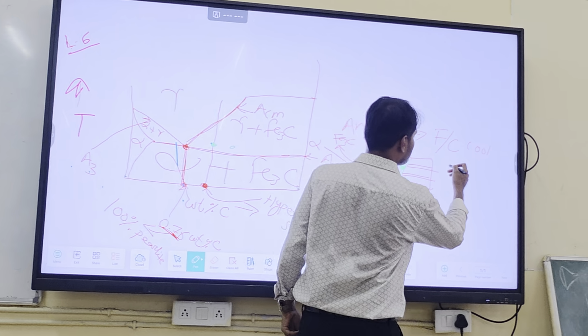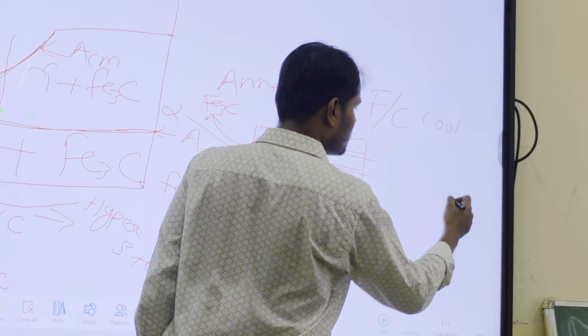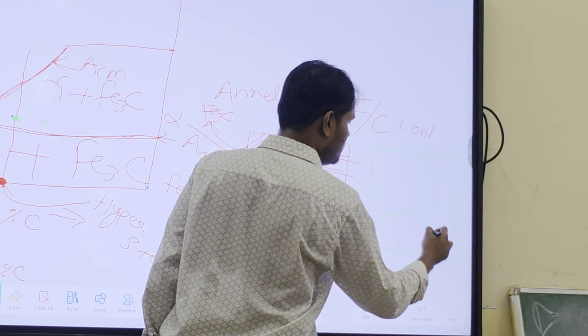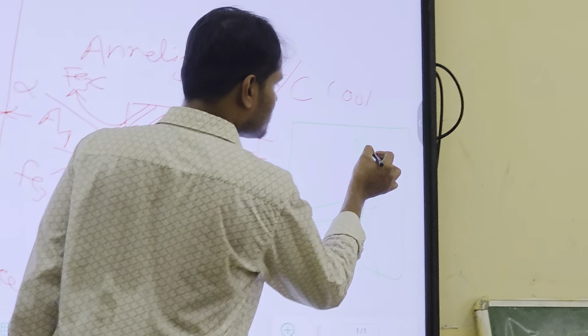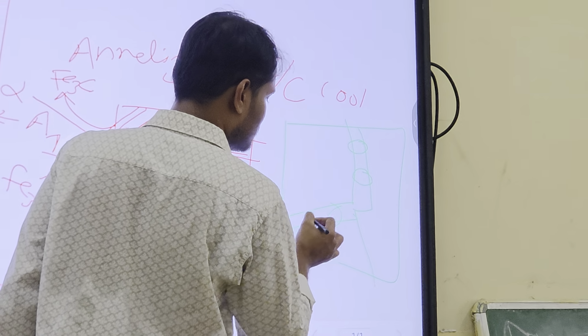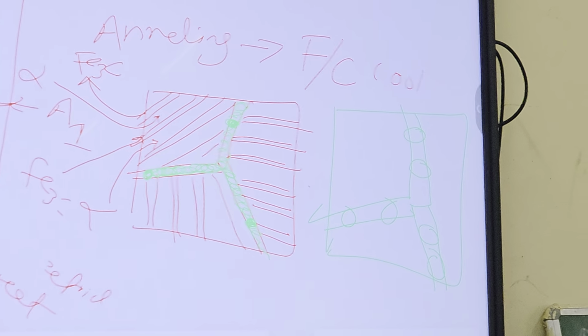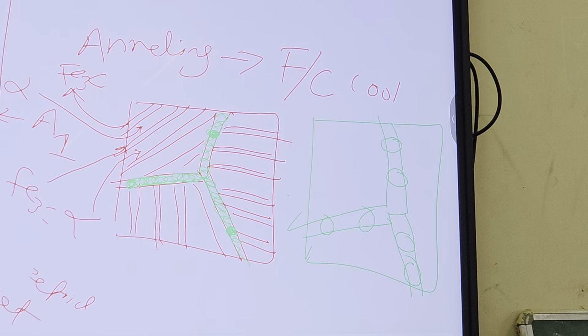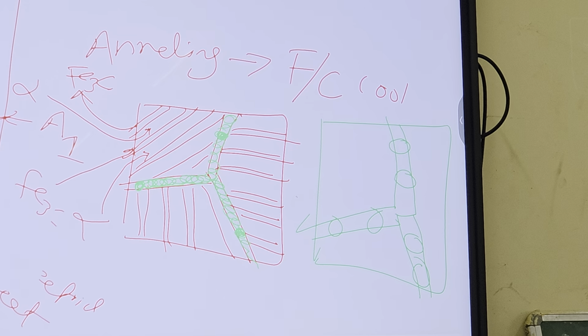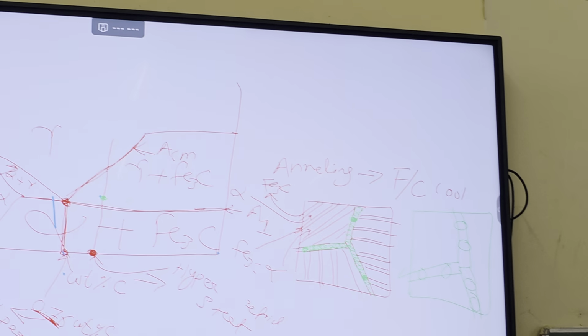Discontinuous means like this maybe. I am not drawing the entire diagram, but just see. It will form like this. See, there will be some gap. This kind of cementite will form. There is no connection between each cementite, no network.